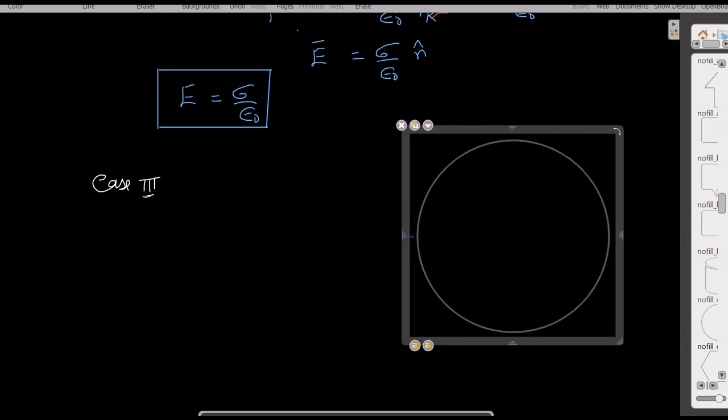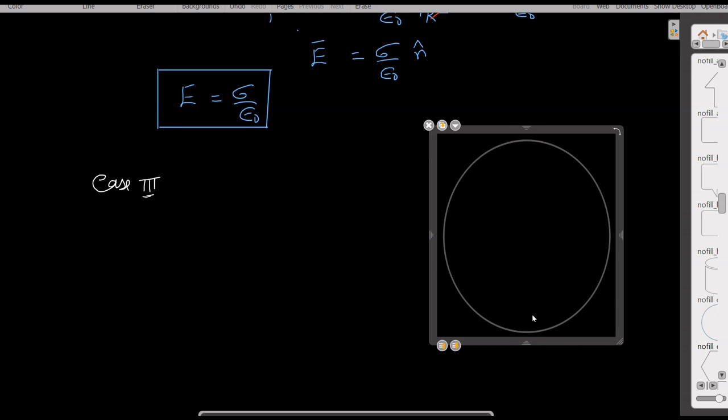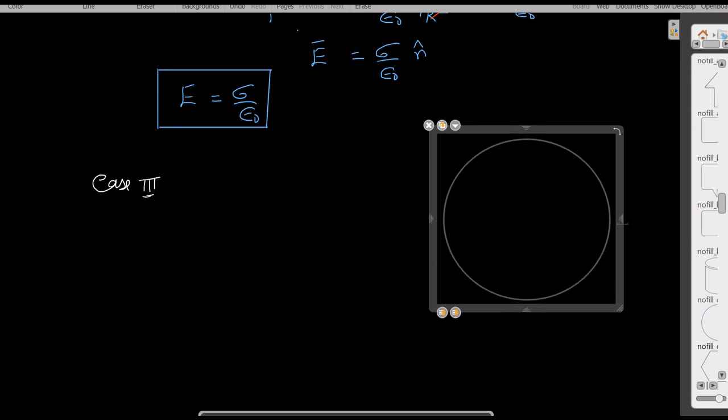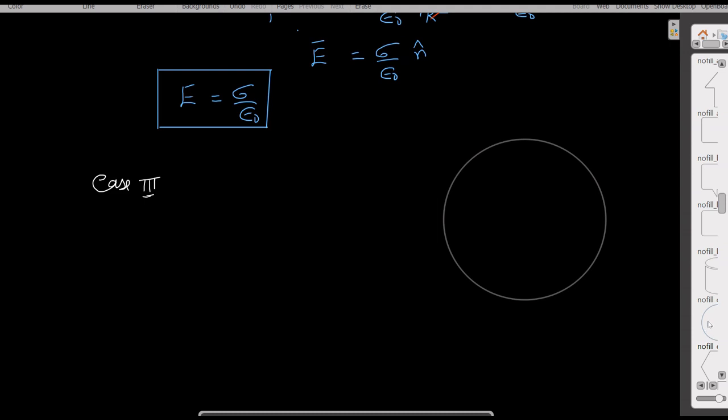Just imagine this is our spherical shell of charge having charge q, and the Gaussian surface is inside the spherical shell of charge. Both the surfaces are coaxial. Both are having the same center O.